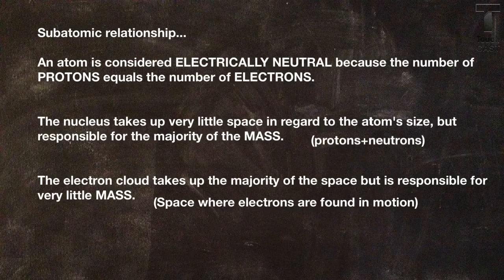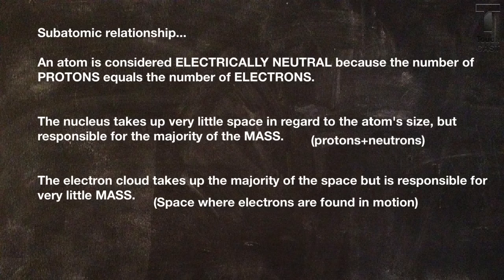An atom is considered electrically neutral because the number of protons, that particle that has a positive electrical charge, is equal to the number of electrons. And electrons, remember, are those small particles with a fraction of a mass that have a negative charge. So the number of positive charges is the exact same as the number of negative charges.